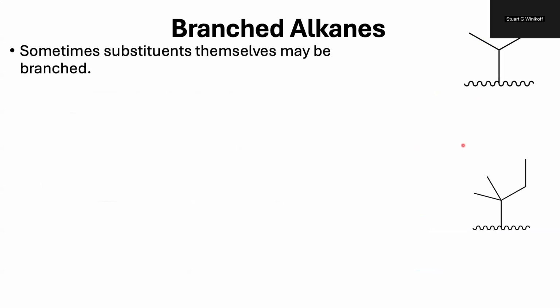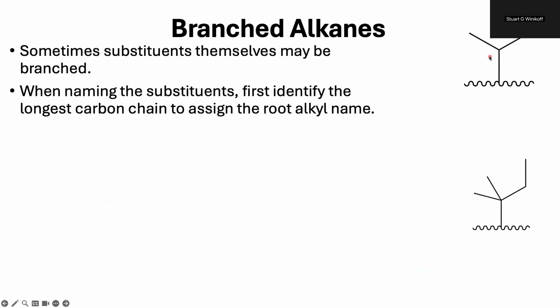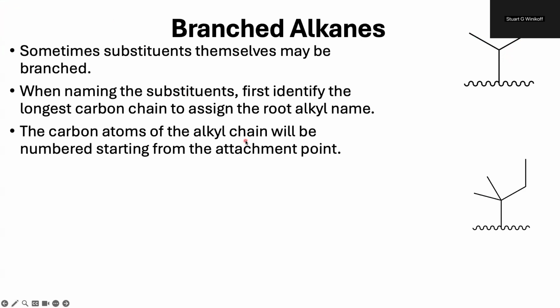One thing to watch out for is that sometimes the substituents themselves may be branched, as we see in this left case, where I have a big long carbon chain and then a 3-carbon substituent. When naming these substituents, I treat them like alkanes and find the longest chain: 1, 2. So I end up having an ethyl species.